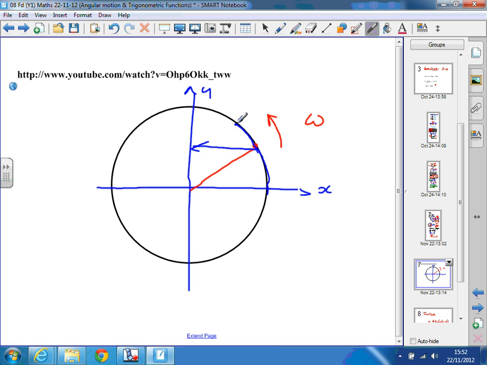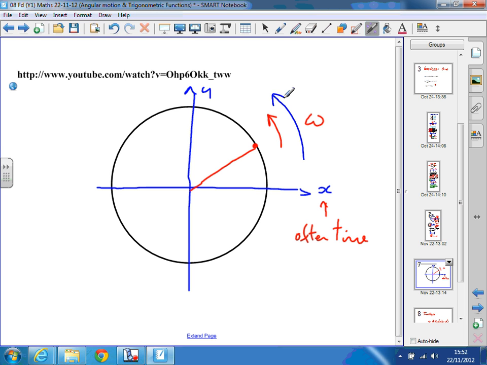Then it moves round to here, at which point it's moved this distance up the y-axis. And we can plot a graph of what happens up the y-axis as time goes by. So x is often time. So as time goes by, what's happening in the y-plane as this thing rotates round? And if we plot a graph of it, we get this familiar sine wave.